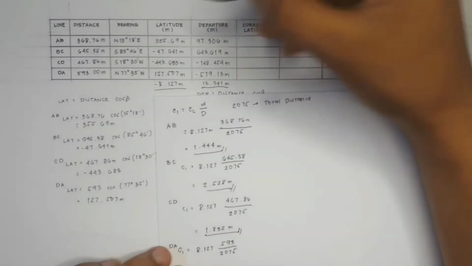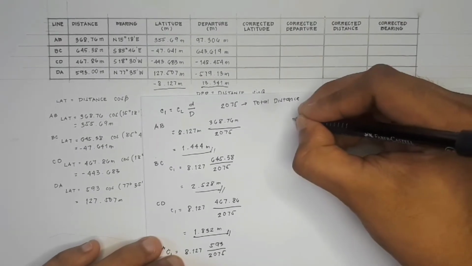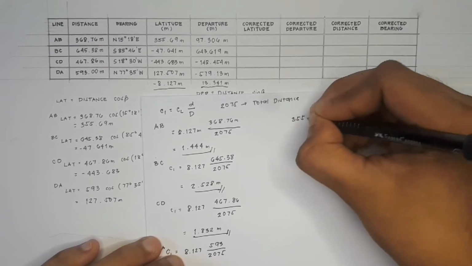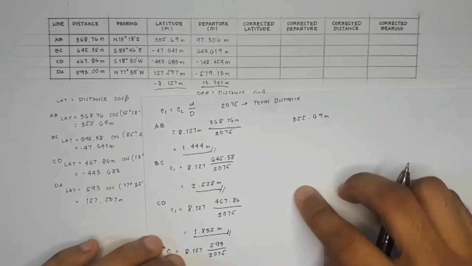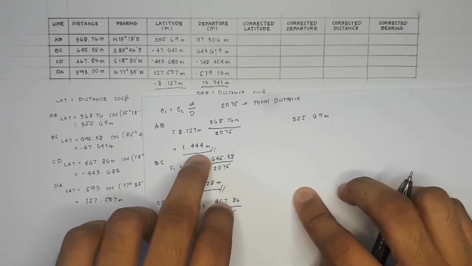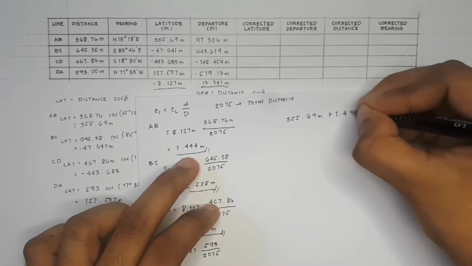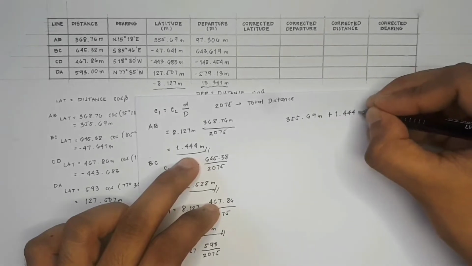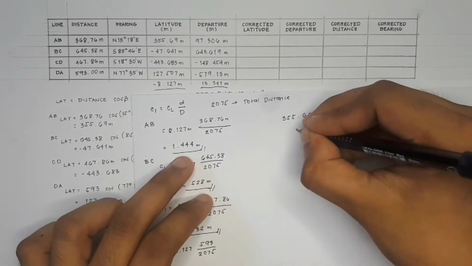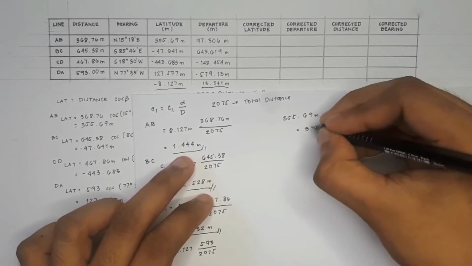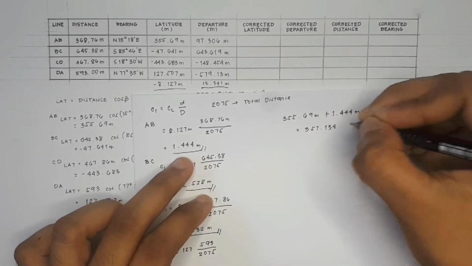So we have the latitude of AB, which is 355.69 meters, plus the correction for line AB, which is 1.444 meters, and this will give us 357.134 meters.